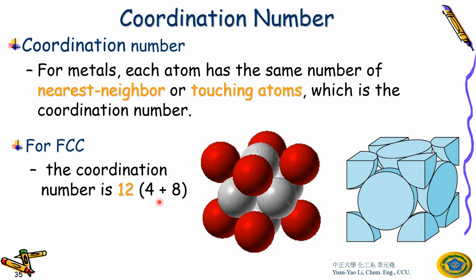Okay, so you have 4 plus 8. Are you with me? 1, 2, 3, 4, right? And then this one, 5, 6, 7, 8. You cannot see it because it is one behind. And then in the front, 9, 10, 11, 12. Or you can use this 1, 2, 3, 4, 5, 6, 7, 8, and another 4 in the front. That will be coordination number 12.